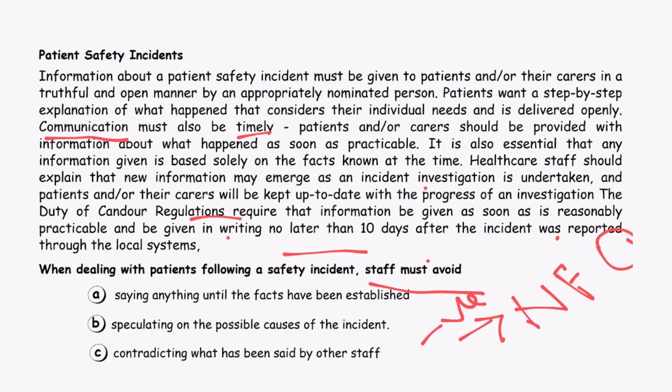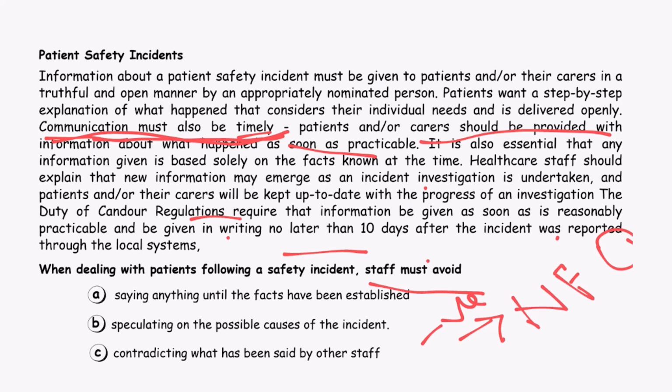Okay. So if you see in the passage, they have mentioned communication must be timely, right? So I highlighted now. Communication must be timely and carers should be provided with the information about what happened as soon as practical, which means we should not deliver the information late, as we have to convey all information on time.